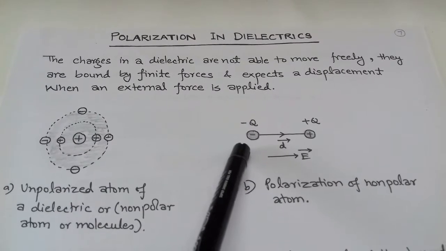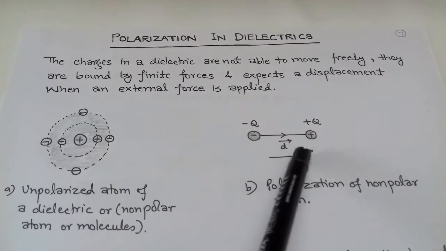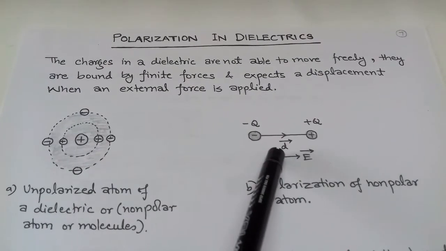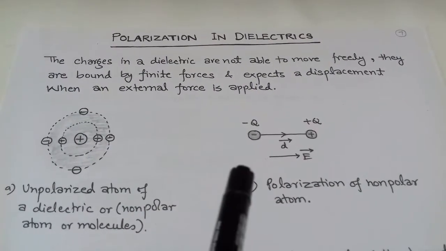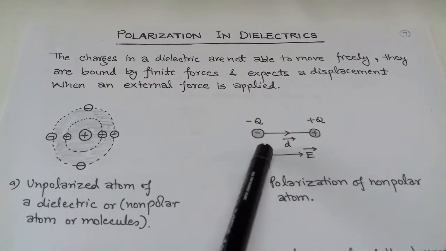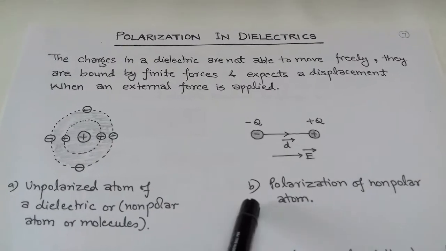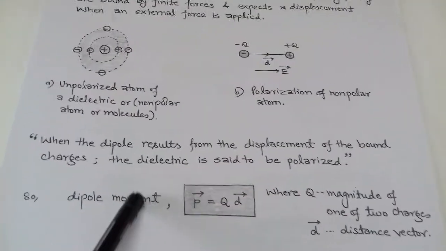So it makes a dipole. The dipole is two poles that have minus q and plus q separated by some distance d. Here d is a vector, from minus q to plus q.